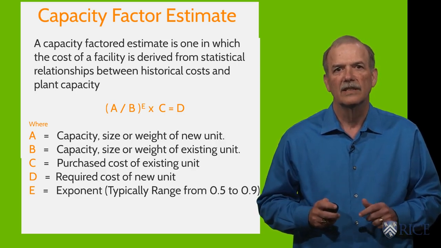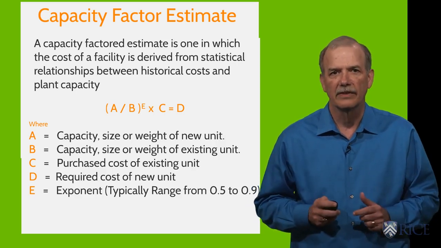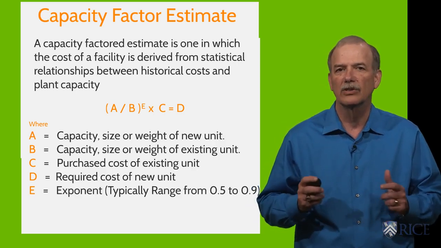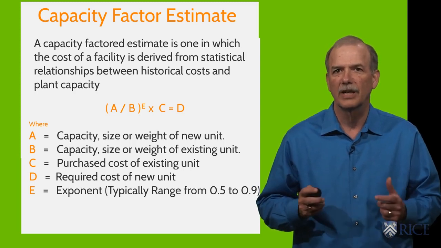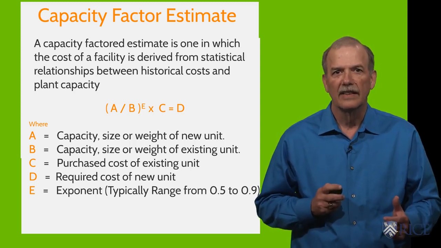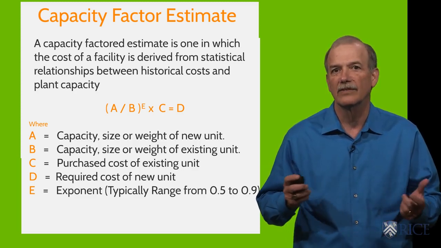For instance, for process plants, we typically see an exponent of 0.7. For building, it's typically close to 1.0. In our text Project Management Toolbox, they report the exponent for software estimating is 1.4 based on lines of code.